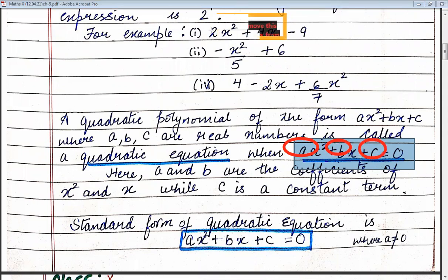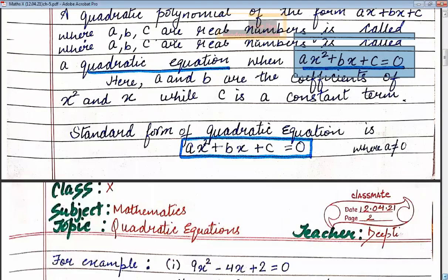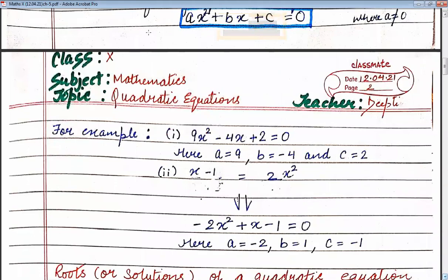Children, I guess you are clear about what a quadratic equation is and how it is written in standard form. Let us repeat: the standard form of a quadratic equation is ax² + bx + c = 0. Okay, children, now let's move on. These are a few examples of quadratic equations.